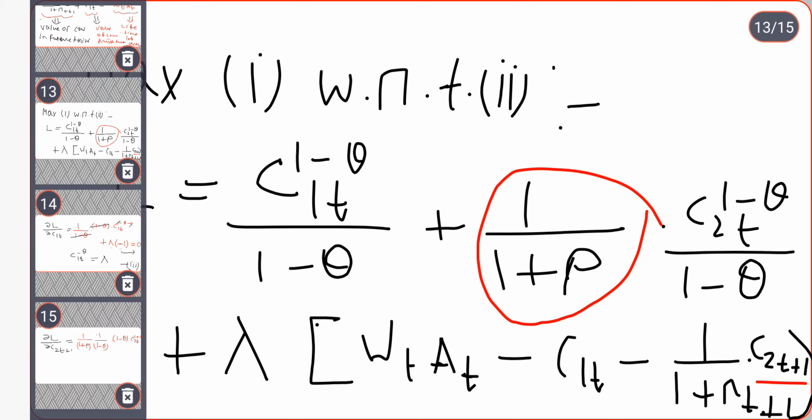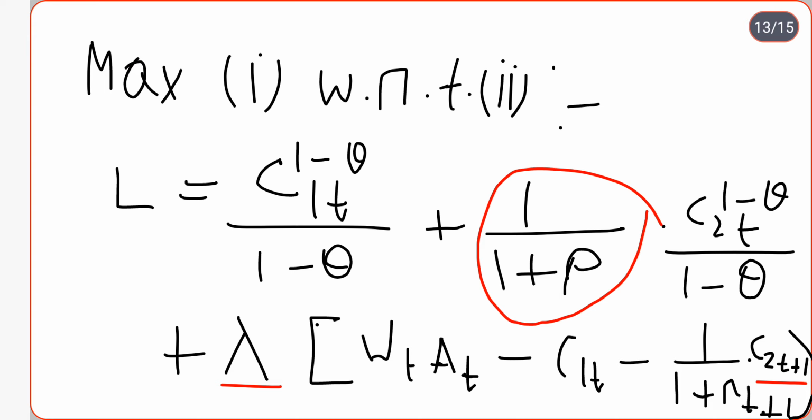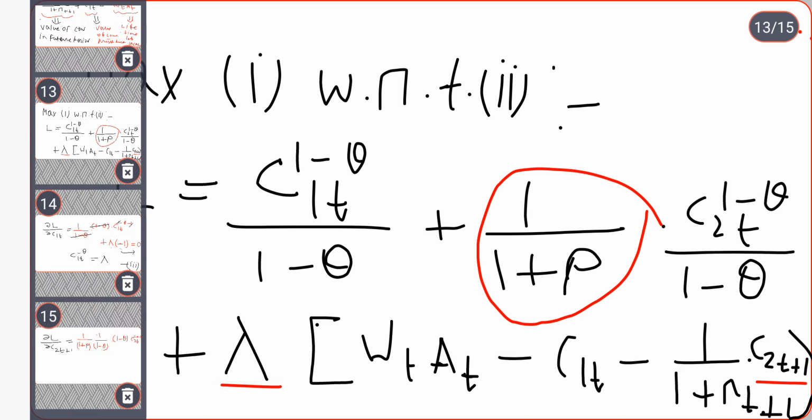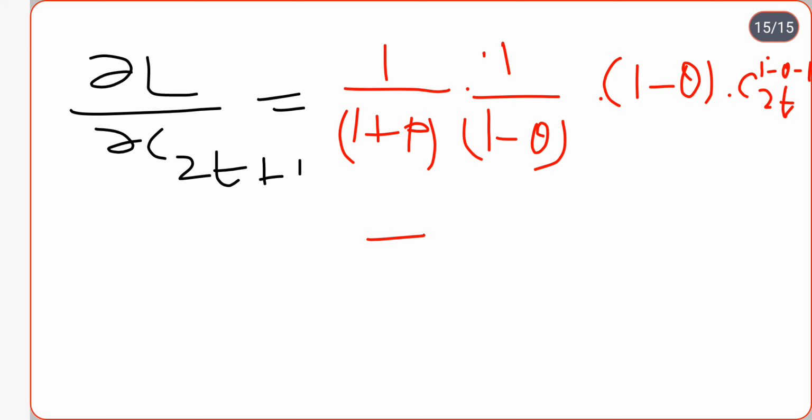So now we will get only lambda into 1 plus rt plus 1, and we will have a minus sign because this has a minus sign, but we are not getting anything else here. So we have minus lambda into 1 by 1 plus rt plus 1.